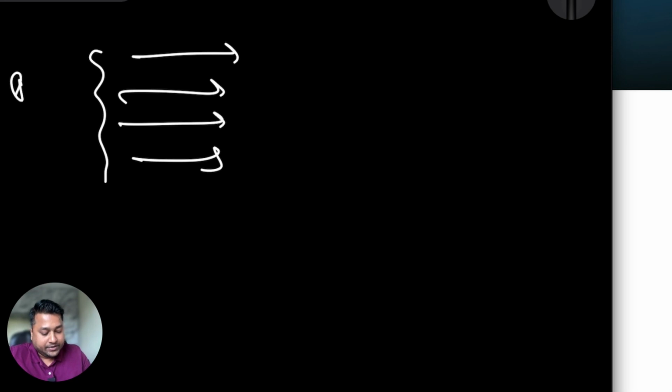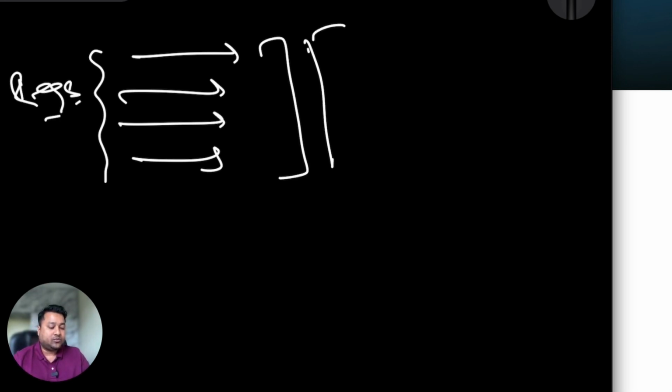So multiplexing in telecommunication is a technique to consolidate multiple things into one single stream, right? For example, let's say there are multiple requests coming in, and there is one process.